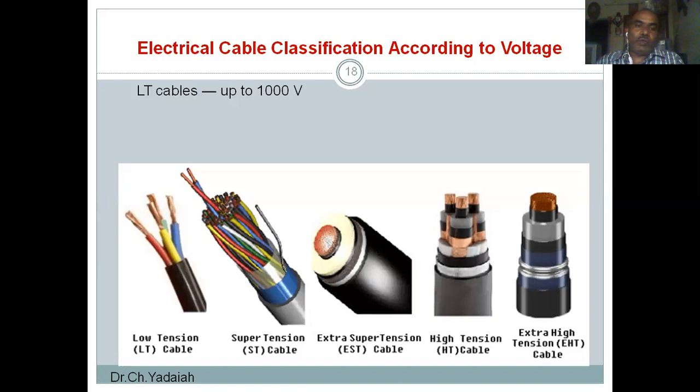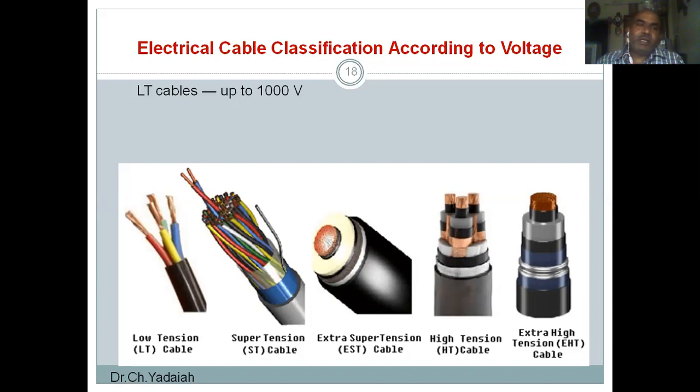The low tension cable can be used up to 1000 volts. Generally in single phase we use 230 volts and in three phase 440 volts. These are the distribution voltages generally used in our country.